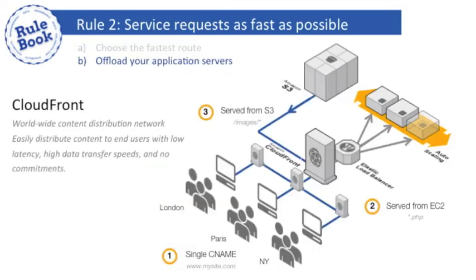Another rule, Rule 2B, is offload your application servers. Your application servers need to be doing the tasks that are most relevant to the application and nothing more. So any tasks that are wasting clock cycles on delivering, say, static content should be offloaded. And CloudFront is a way that you can front those application servers and distribute your content to edge locations for the best possible response.